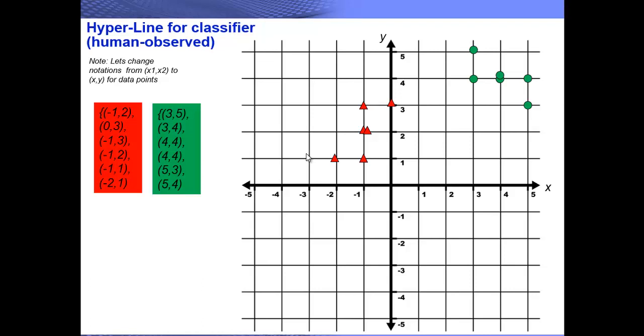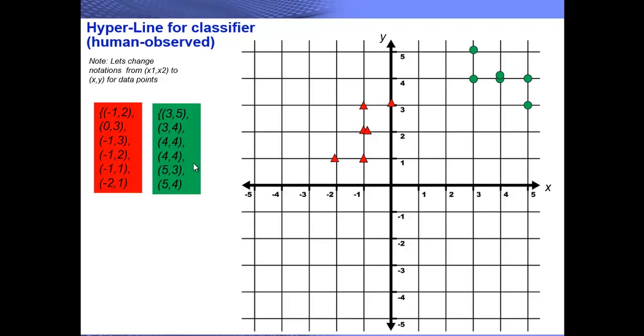So, given data, in these slides we have two-dimensional data. The red rectangle data points belong to one class, and the other data belongs to the other class.